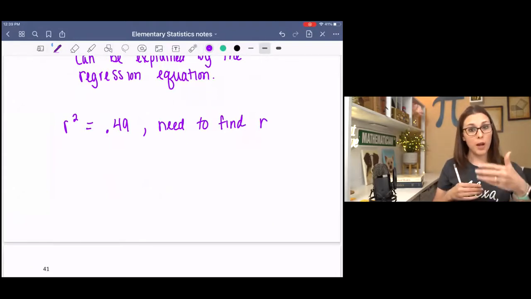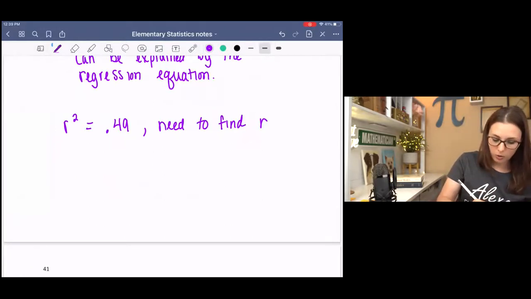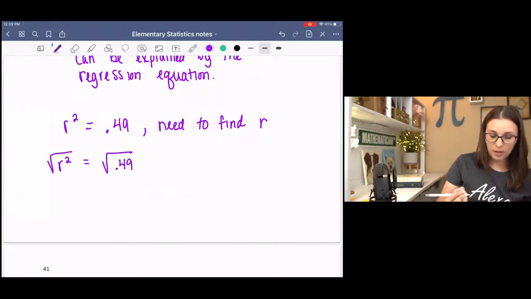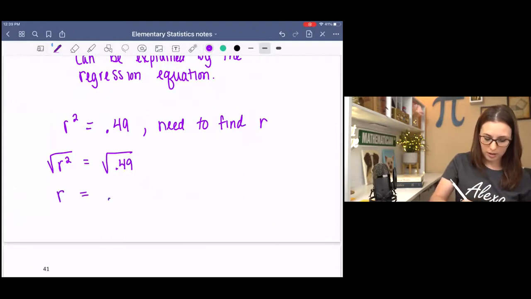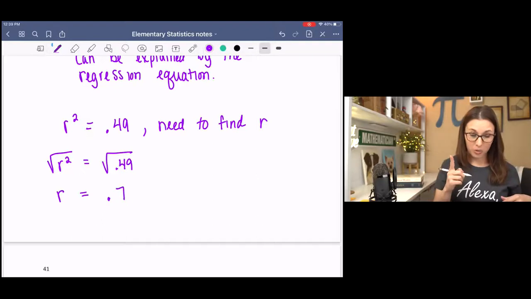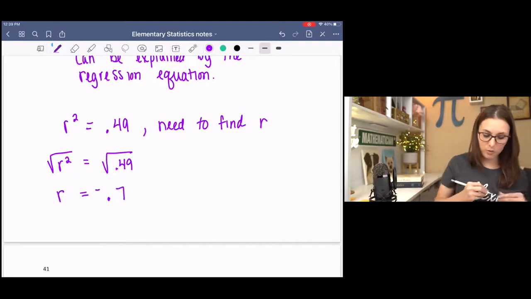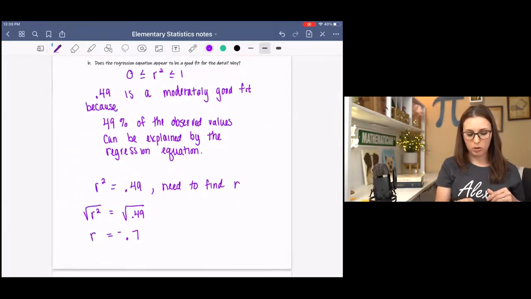If we want to go backwards, we're going to use the inverse operation, which means that we are going to square root 0.49. And when you square root something squared, that undoes it. And there you go. The only thing that you don't see when you do this is the sign. It's supposed to be a negative, so be careful there. But that's how you can go back and forth between the two without doing the whole formula.